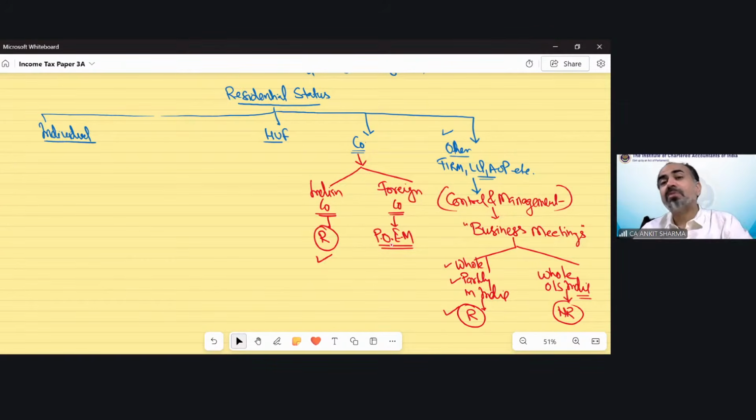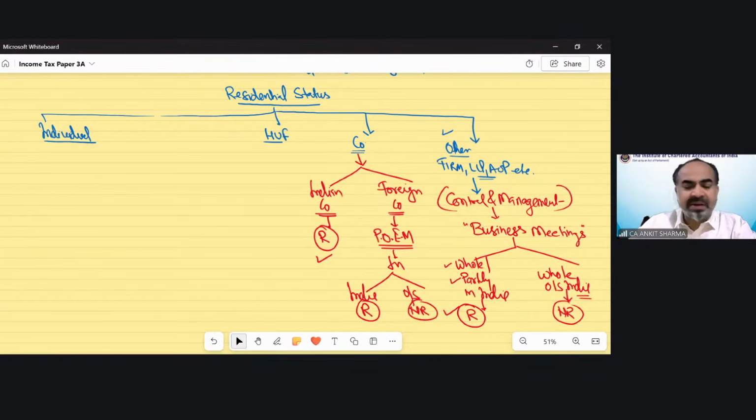POEM stands for place of effective management. If the place of effective management is in India, your foreign company will be resident in India, and if it is outside India, then that foreign company is going to be treated as non-resident in India.